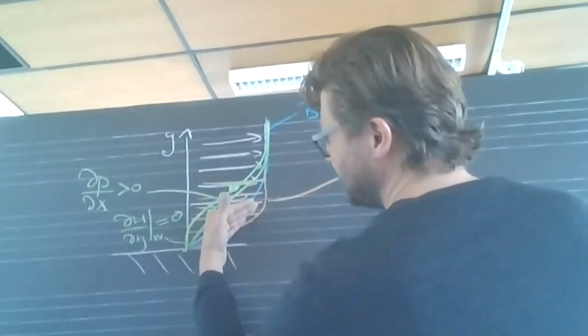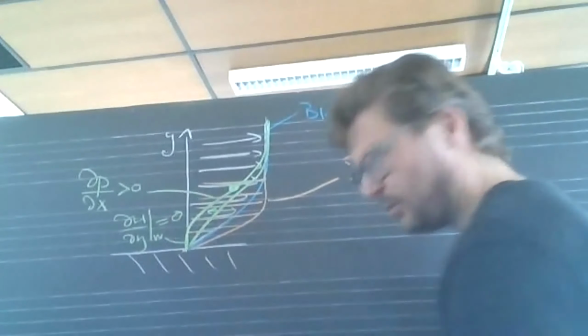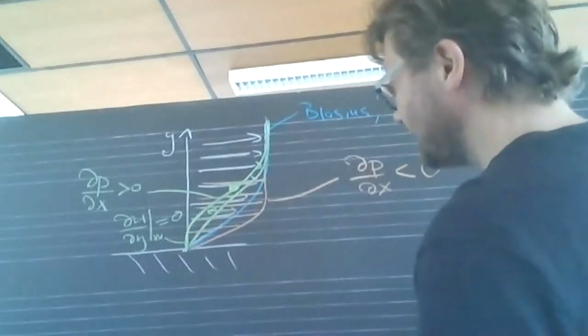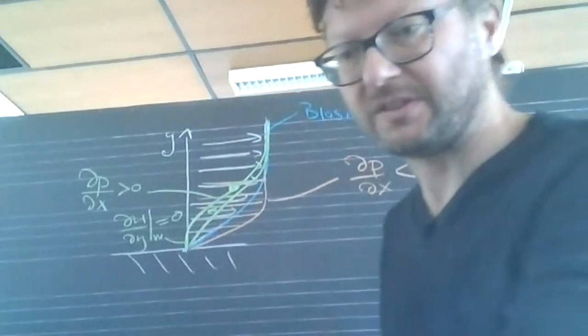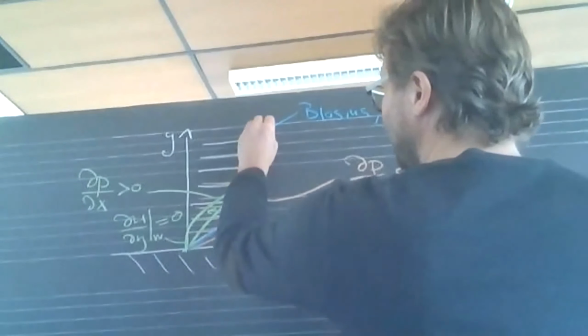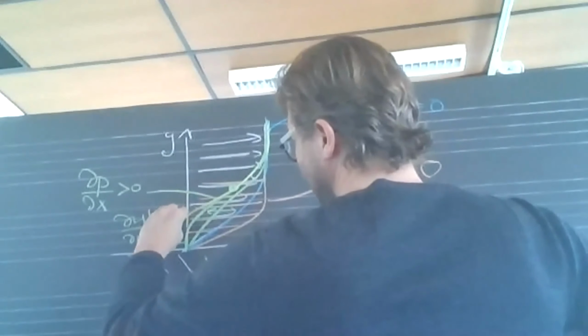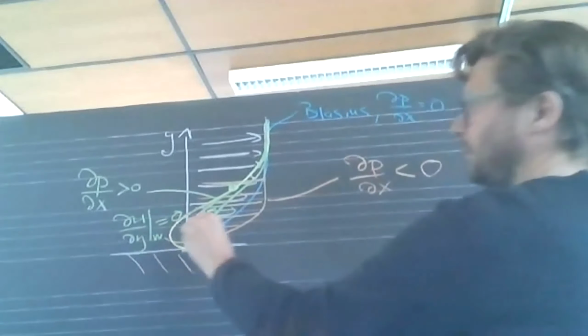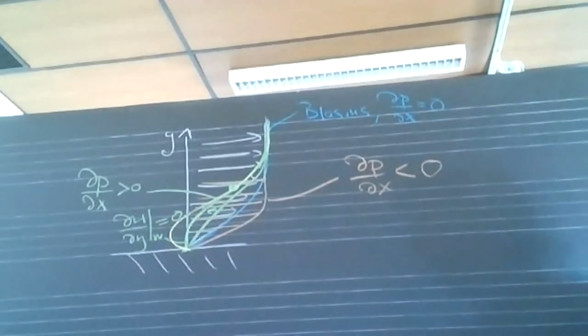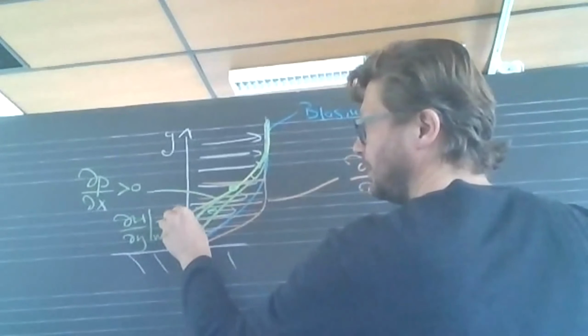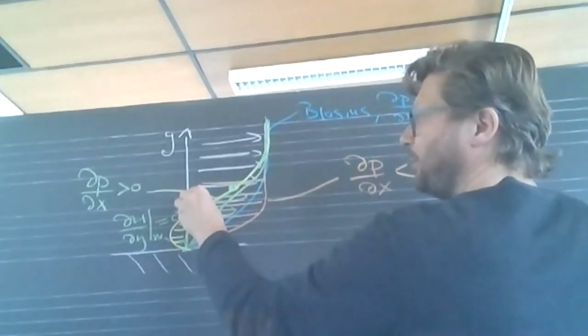The boundary layer is doing this. What happens if we go beyond this point? Well, let me use another color. That will be the point when the flow close to the wall starts going in the opposite direction.